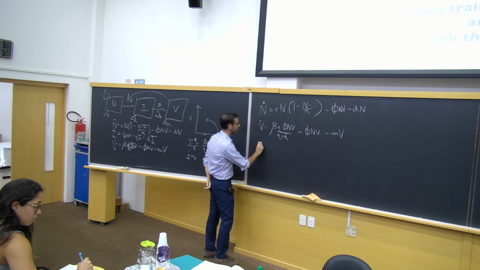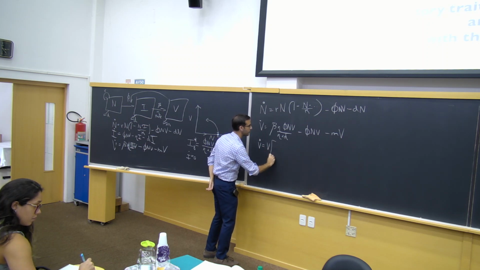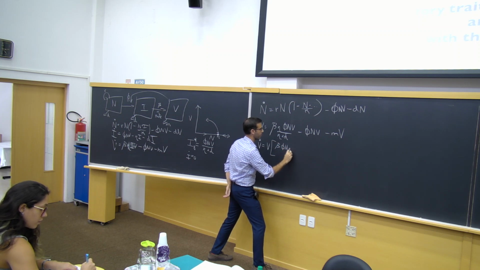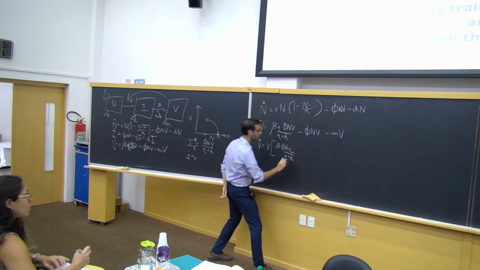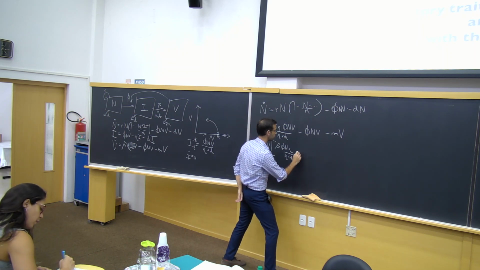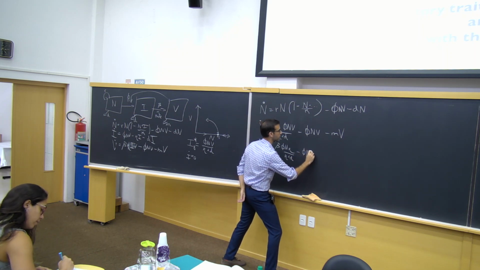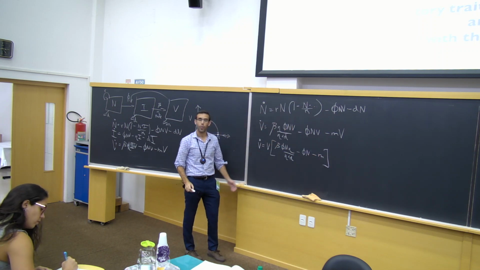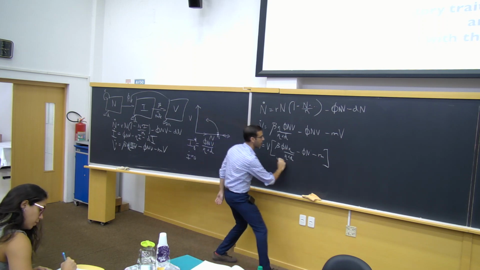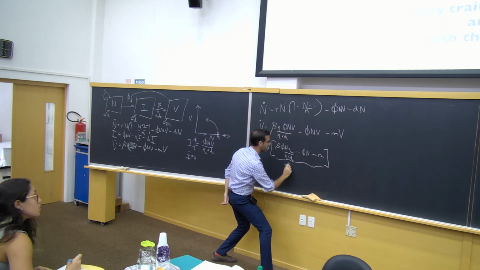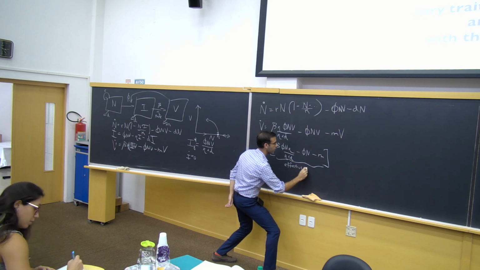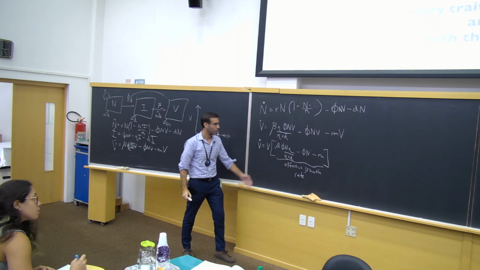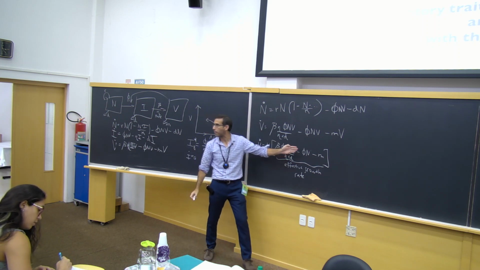We could write it in the following way, where we've pulled the V out of the equation, and you see this is almost like an effective growth rate, where we have increases minus the losses.